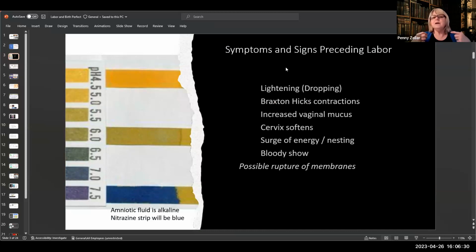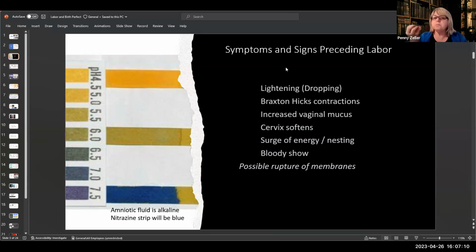So some things that the client might experience just before she goes into labor. So there are symptoms. Lightning drops out of the sky, right? Well, lightning also is a baby dropping from the sternum into the pelvis farther. So baby drops in mother's belly. That's what we call lightning. Braxton Hicks are contractions, but they're not like labor contractions. They're more of a tightening of the belly. She might notice increased vaginal mucus.